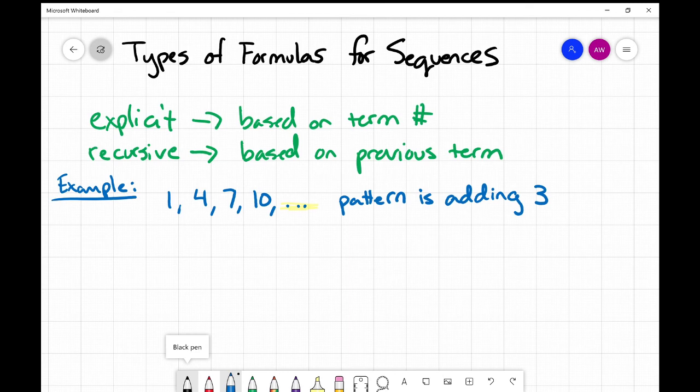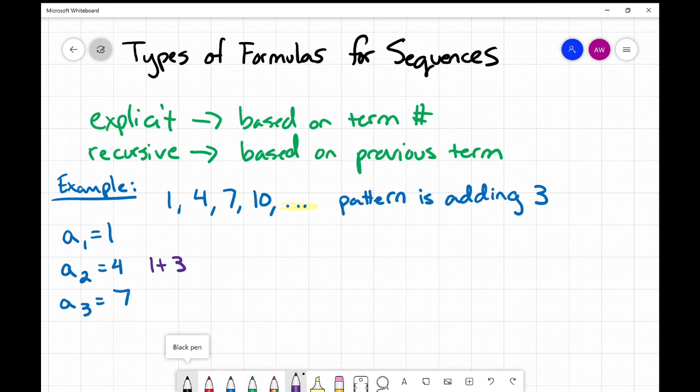So the first number, which is a 1, I'm going to show by saying a sub 1. The first number is a 1. The second number is a 4. How did we get to that 4? Because we said it's 1 plus 3. The third number is 7. And how did we get to that?